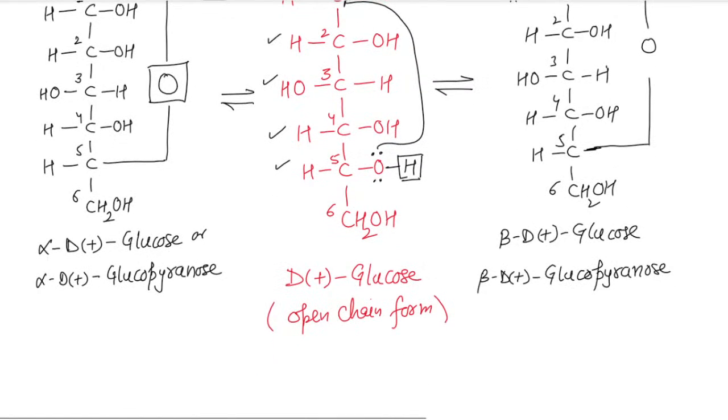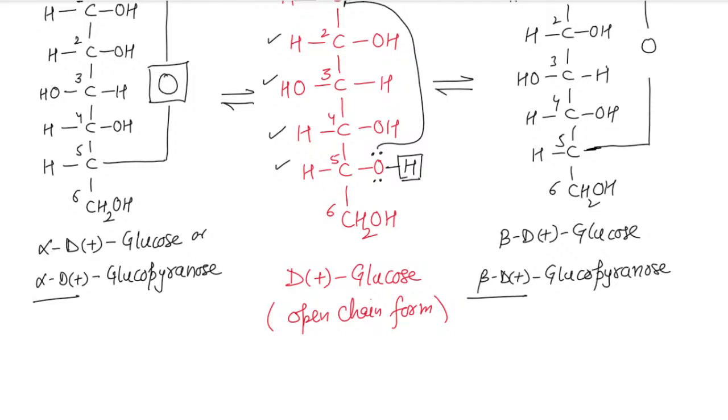Say in alpha D plus glucose, OH on the first carbon is towards right, and in beta D glucose OH at C1 is towards left. Okay. So this alpha D plus glucose and beta D plus glucose, they differ in configuration only around C1.